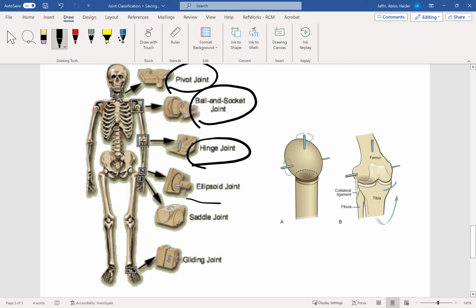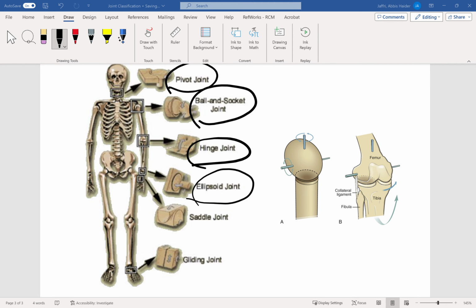Then you have another joint that is your ellipsoid joint. So ellipsoid joint is a joint, for example, where you don't have a curvature like a ball, so it's only like an ellipsoid, and the example for that is your wrist joint, primarily your radiocarpal joint, where your radius is articulating with your carpal bones, and it has a convex surface that articulates with the concave surface.